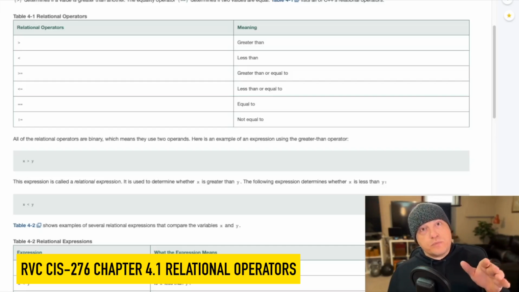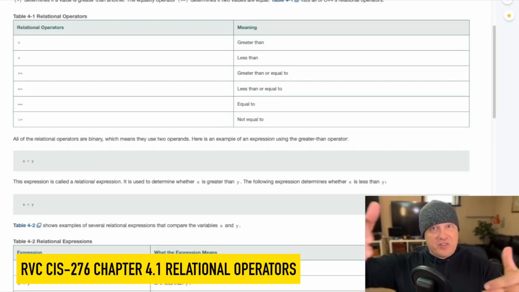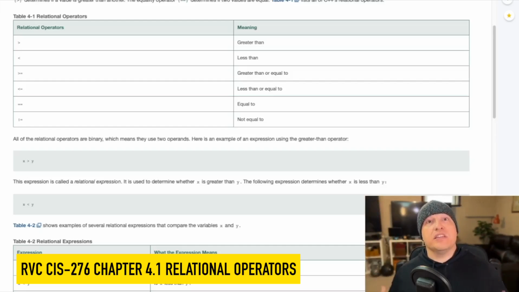So if we say greater than 90 equals an A, what happens when you score 90% on something, or when you get a 90% as your average for an entire course? Well, because we said greater than 90, you get a B, because at 90, that's not the way the logic works for that.